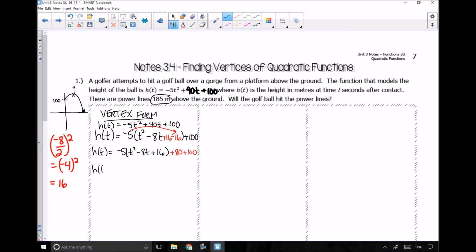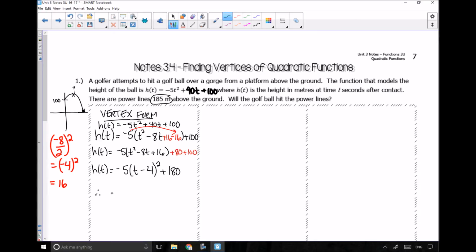So then I end up getting h of t is equal to negative 5, and then in brackets here I'm going to do t minus 4 quantity squared, because this negative 4 is the value that I get when I double it to give me negative 8, and when I square it to give me 16, and then plus 180.